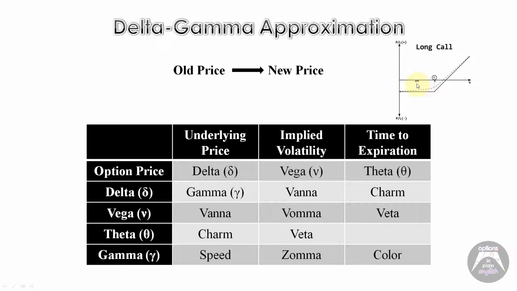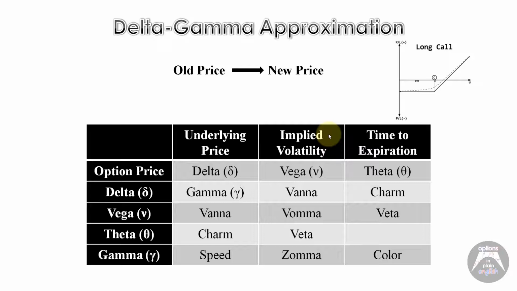We also need to measure how much time passed between the beginning of this analysis and the end, so that we know the impact of theta, and also how much the implied volatility changed. Once we have those factors, we're going to be able to try to anticipate how much profit we're going to have when we have a move that changes some of our parameters.